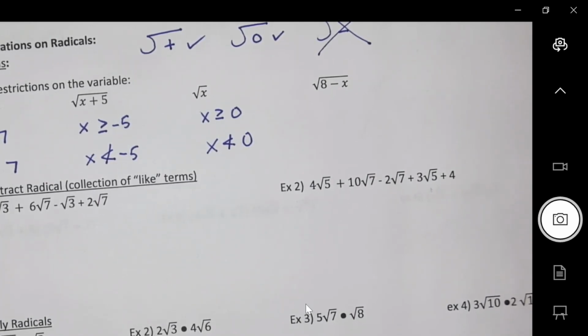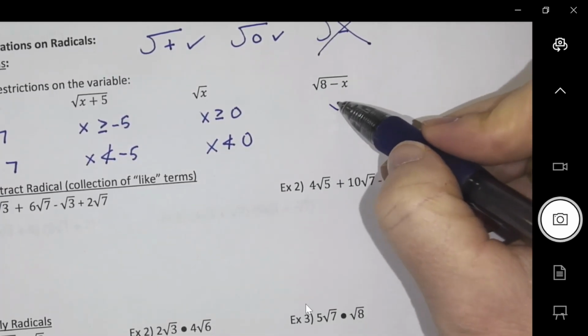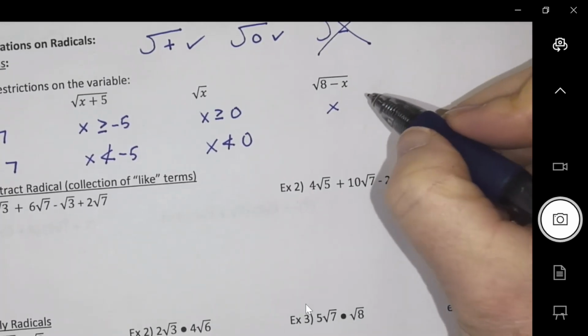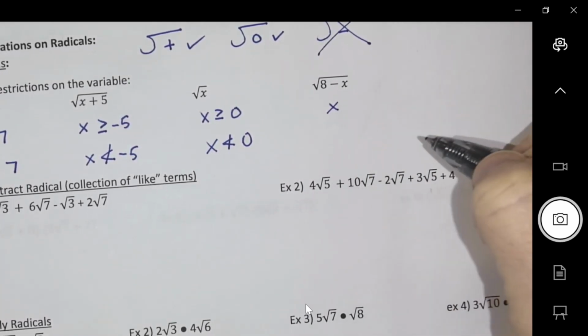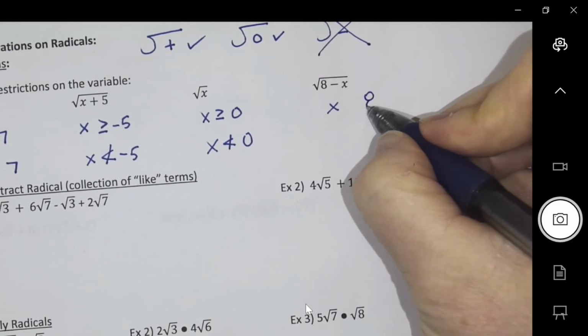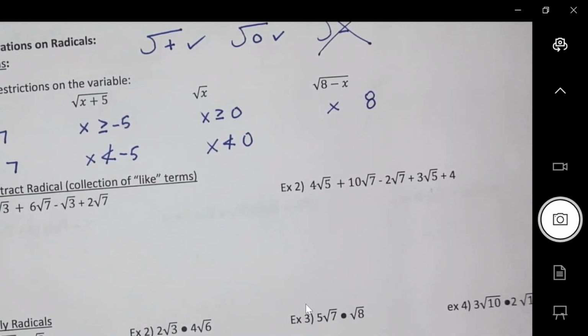Okay, the last one, be very careful here, it's a little bit different. Wouldn't it be easier to factor it first? No, I'm not sure if that will help us in this case. I'm going to use an 8, but what's different?